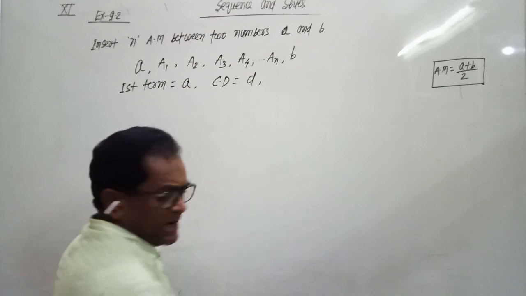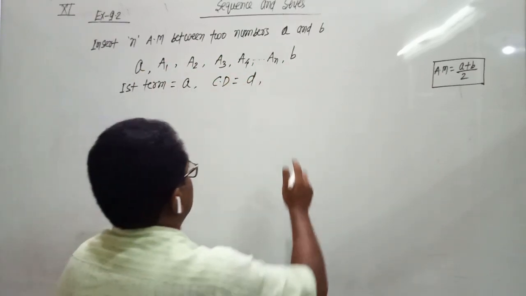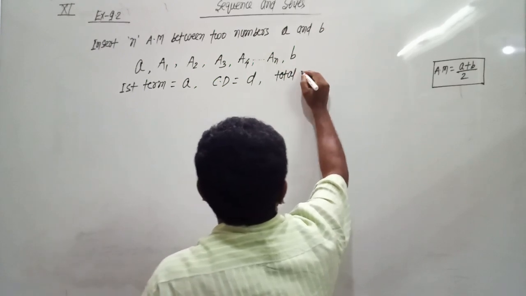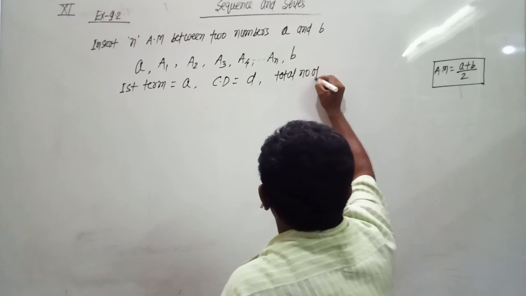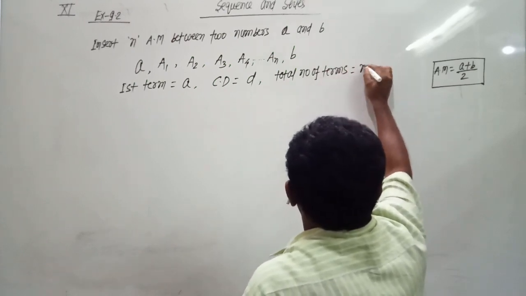We have inserted n arithmetic means and we were already given two numbers A and B, so the total number of terms is n plus 2.